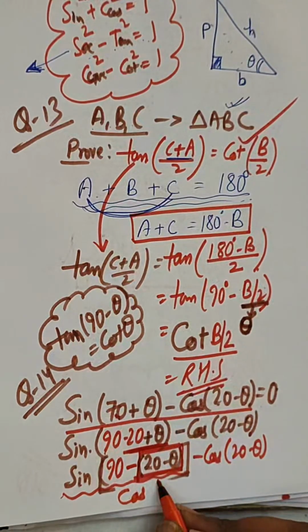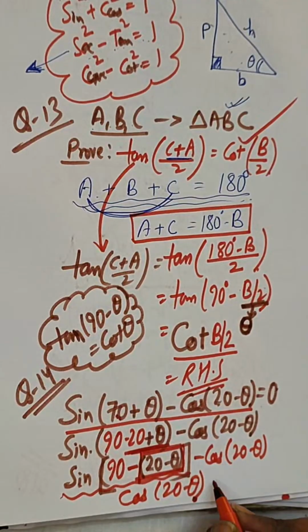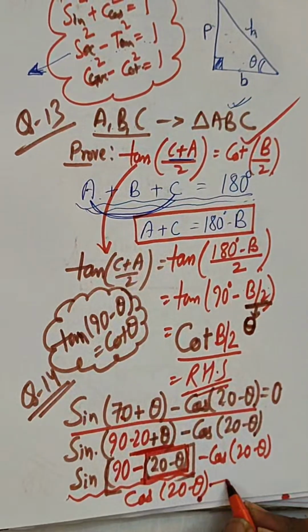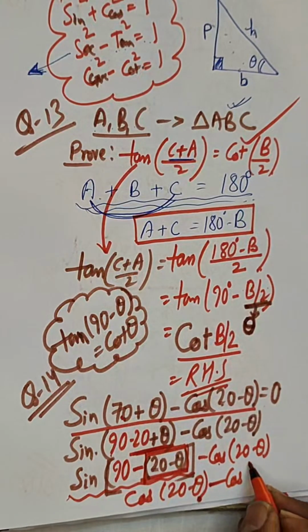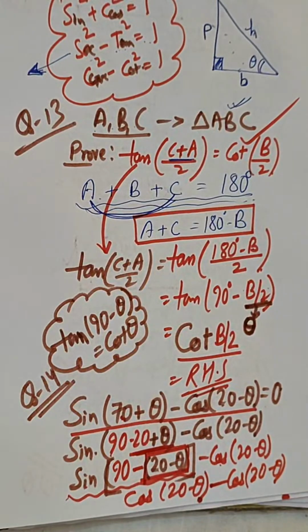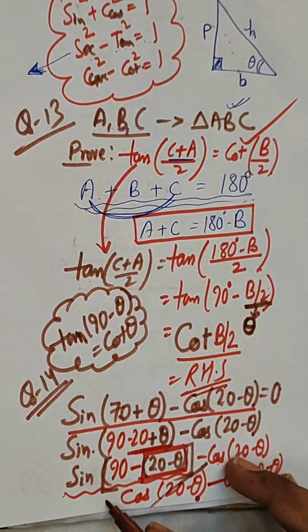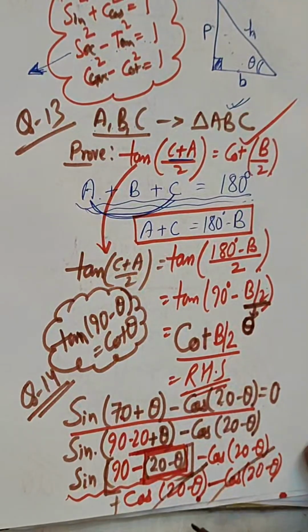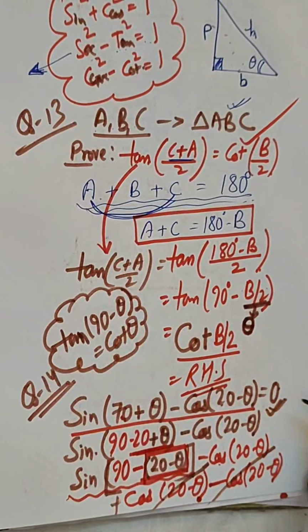So this will be cos of (20 minus theta), and with a negative sign, this cos of (20 minus theta) is already present over here. Come, my dear cos, I will cancel you out, right? Then this cos (20 minus theta) plus will be cancelled with minus of cos (20 minus theta), and you will get your answer as 0, my dear friends.